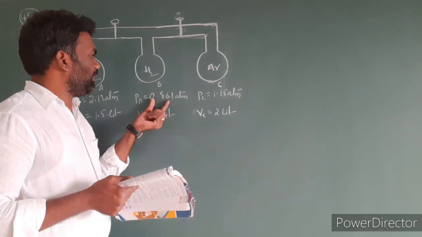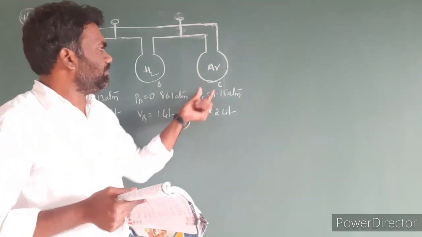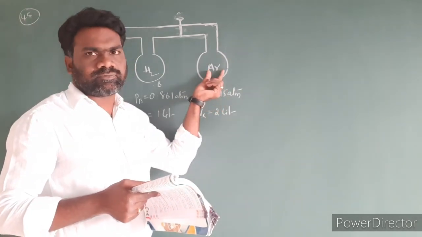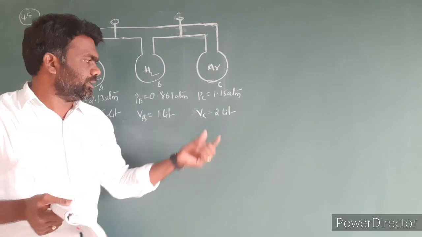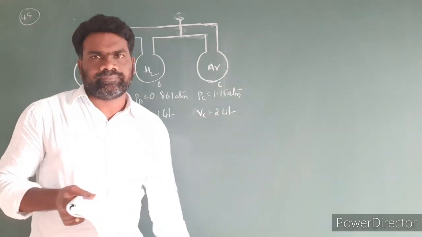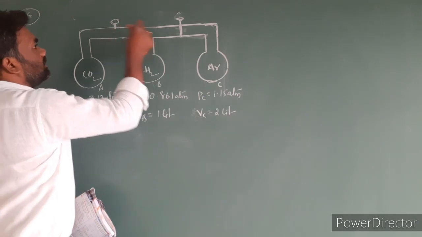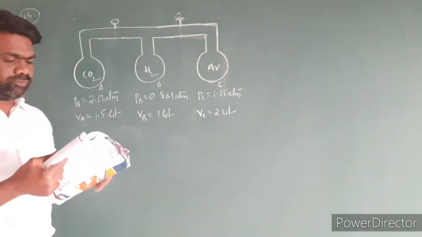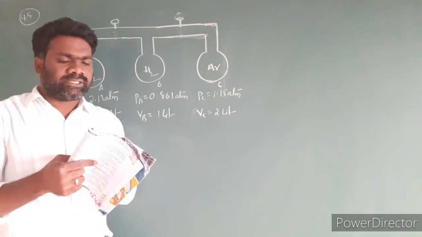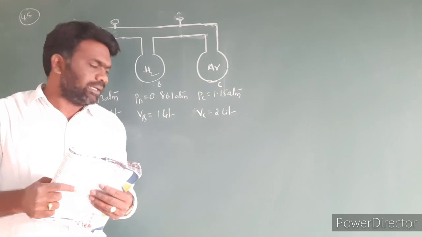Its pressure is 0.861 atmosphere and its volume is 1 liter. In bulb C, argon gas is filled. Its pressure is 1.15 atmosphere and its volume is 2 liters. When all the stopcocks are opened, we have to calculate the pressure in bulb B.